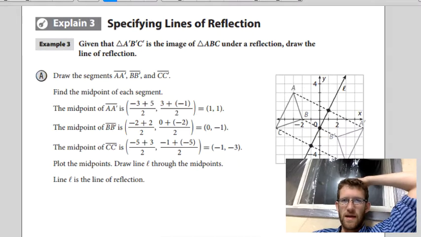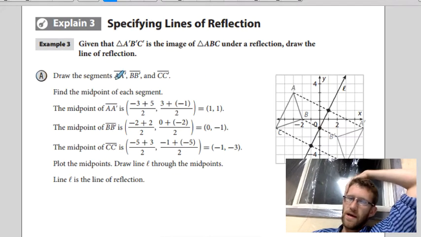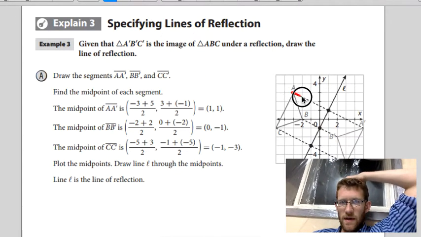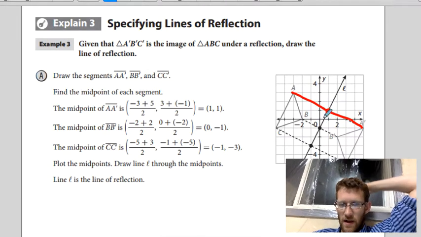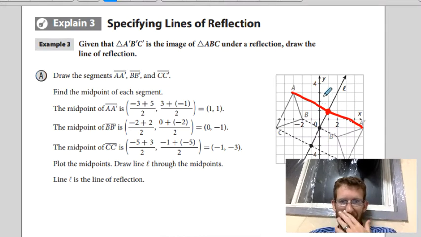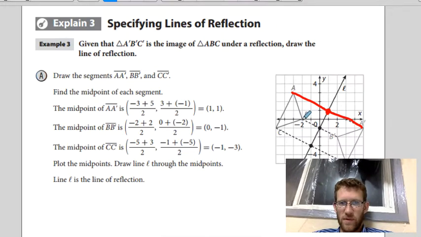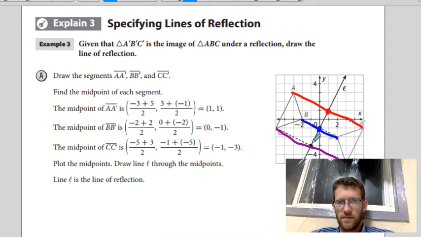So we have segment A to A prime, and of that segment, we want to find the midpoint. The line of reflection will go through the midpoint there. Similarly, we want to find the midpoint between B and B prime, and between C and C prime. Once we find all those midpoints, we know that the line of reflection goes through those.